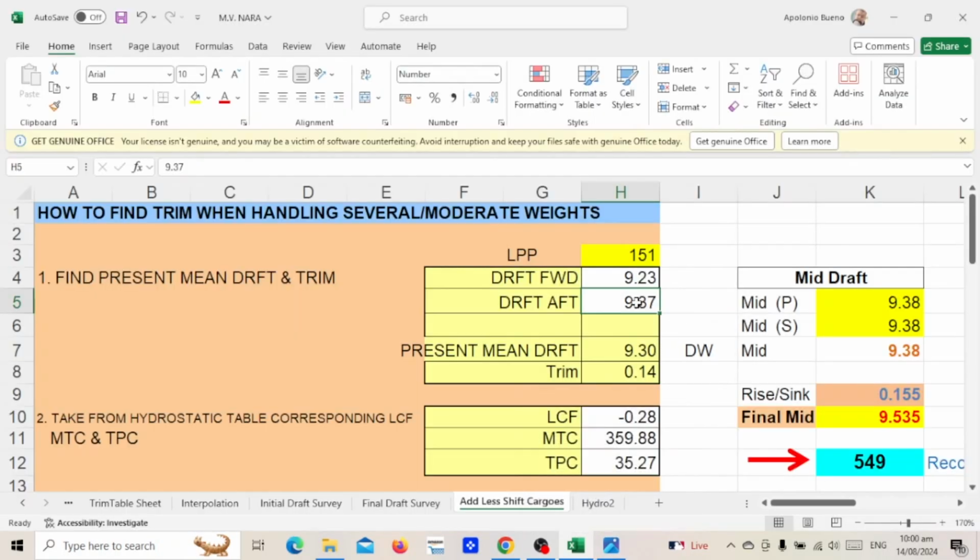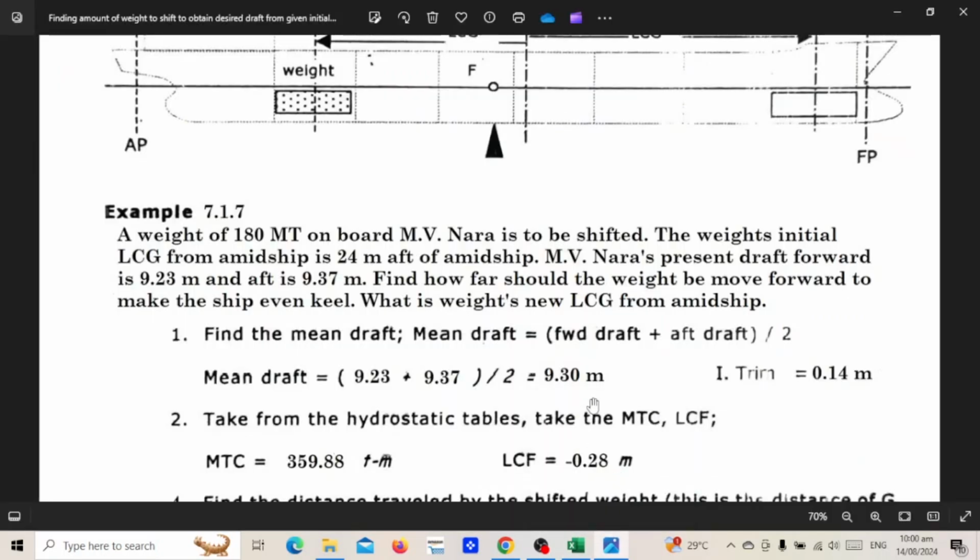So put here 9.37, and you have a mean drop of 9.30, and your trim is 0.14, which is this one.